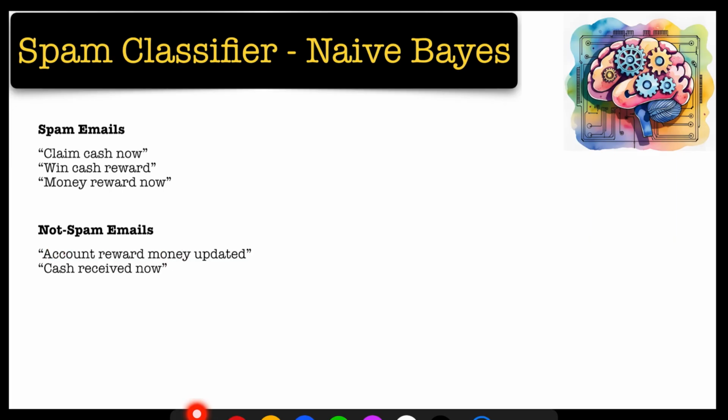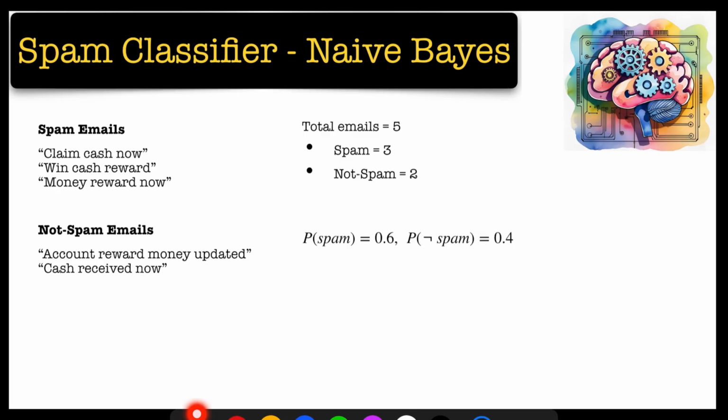And I have two non-spam emails also: account reward money updated, cash received now. These two are not spam emails. So there are a total of 5 emails, 3 spam and 2 not spam. That means the probability of spam is 0.6, 60% of the emails are spam, and the probability of not spam is 0.4, 40% of the emails are not spam.